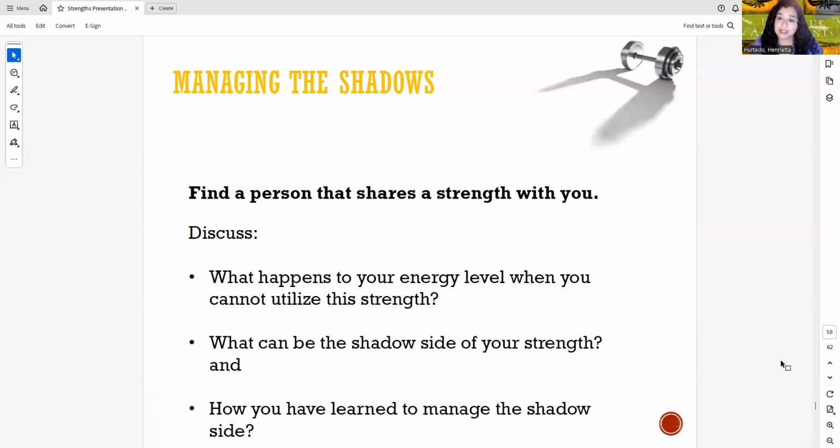What happens to your energy level when you cannot utilize this strength? Do you feel depressed, low energy, anxious, stressed out? Do things feel difficult? What happens to your energy? And what could be the shadow side of your strength? And how have you learned to manage the shadow side?